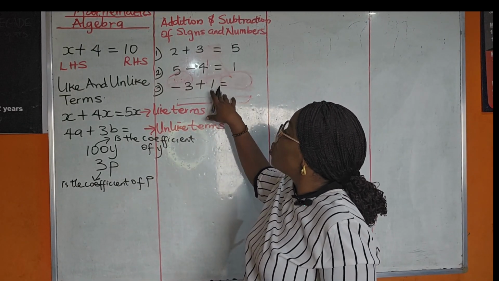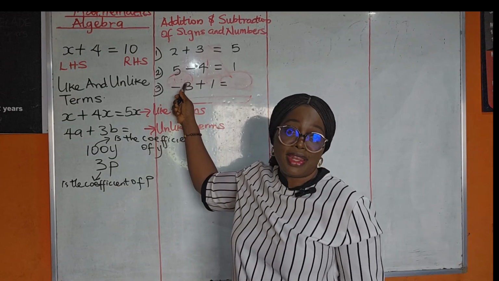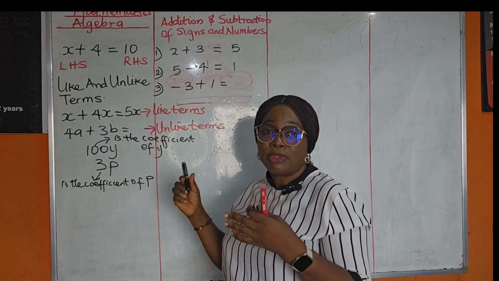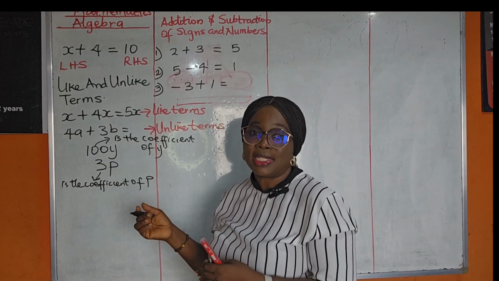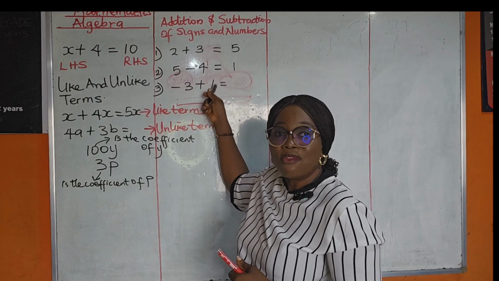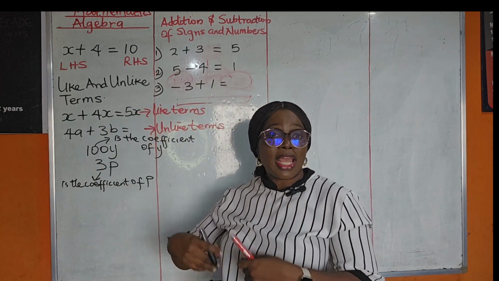Minus 3 plus 1. What does this tell us? That we are owing 3 naira, and you have just 1 naira. I'm just using money as a means of explaining it, so it's easy for us to understand. If you're owing 3 naira and you have 1 naira, definitely you're going to give out the 1 naira you have.